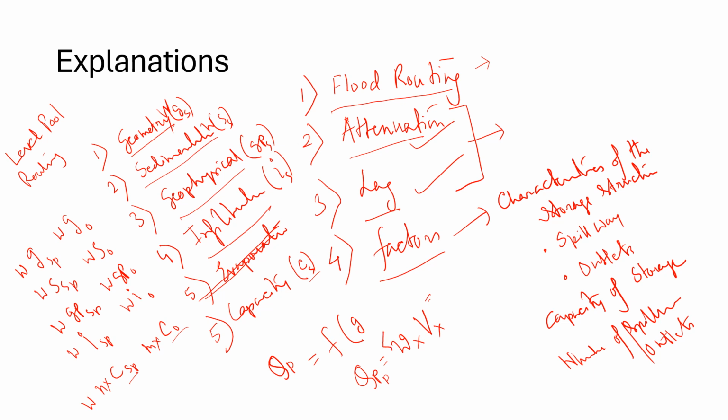And you multiply this like this. That means summation of the product of the W's and the factors. And these factors are actually the magnitude of the factors of a certain location. We assume that this weighted summation will give us the peak outflow.